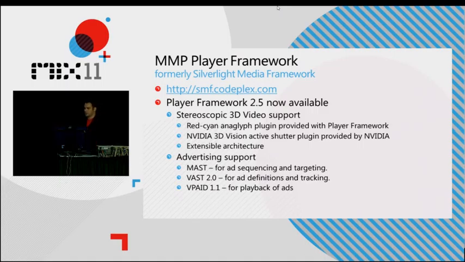It's an extensible architecture, so other ways of rendering 3D video are possible as well. Right now we're providing only these two output options. The advertising support is our way of providing support for MAST, VAST, and VPAID in the Silverlight Media Framework.